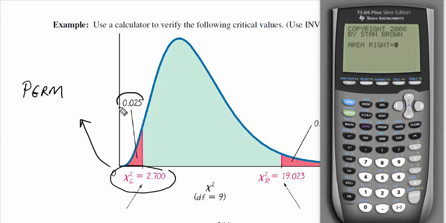The area to the left of this value is 0.025, so the area to the right is 1 minus 0.025. I'm going to type that in.